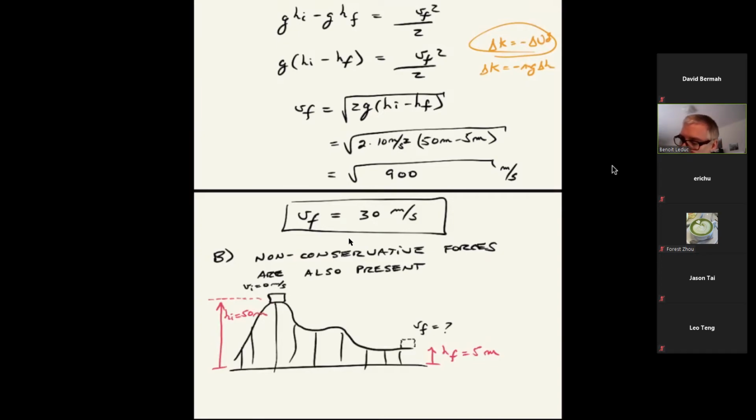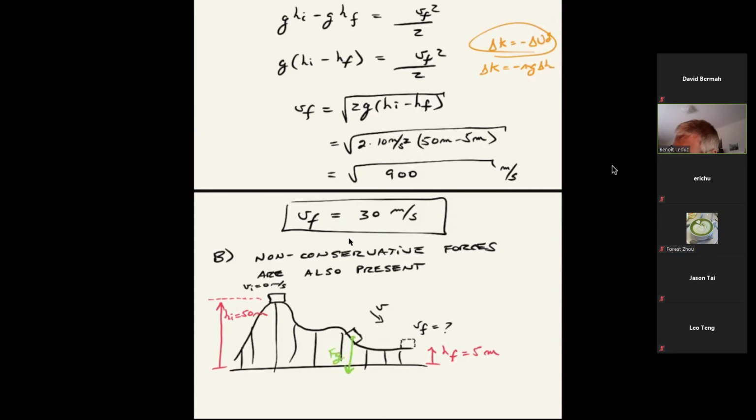Now we're going to put in a non-conservative force. This is our coaster right here. We're going to have, of course, gravity.